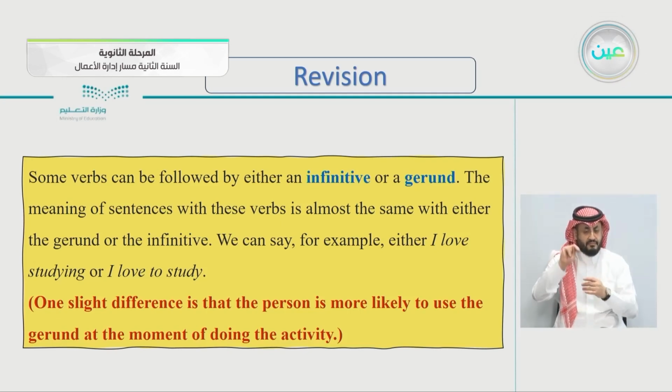We can say, for example, either I love studying or I love to study. So some verbs take them both, the gerunds and the infinitives. One slight difference is that the person is more likely to use the gerund at the moment of doing the activity. And at the moment of the activity, it's preferable to use the gerund.